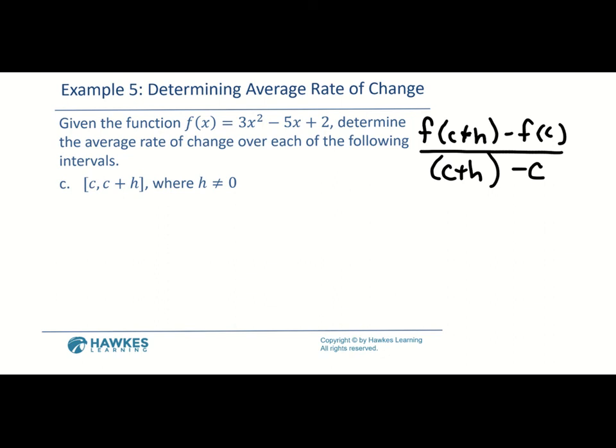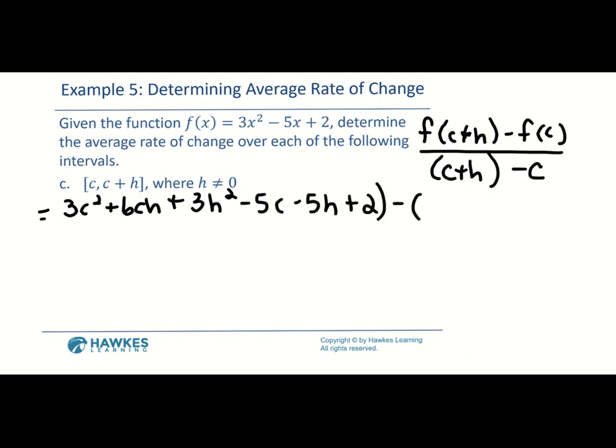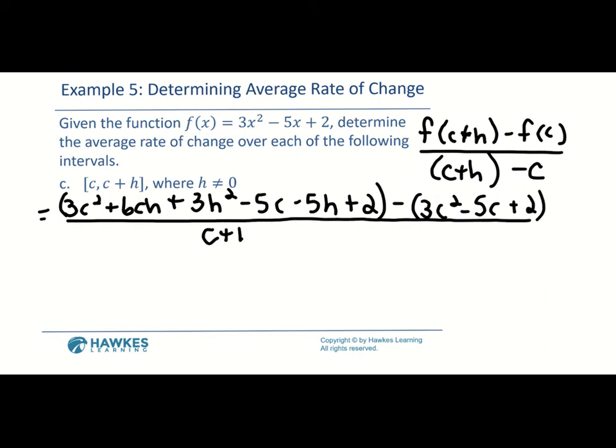So that is going to give me 3c squared plus 6ch plus 3h squared minus 5c minus 5h plus 2 minus 3c squared minus 5c plus 2, all over c plus h minus c.